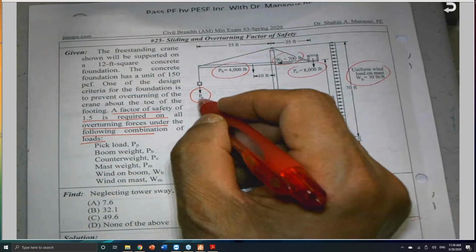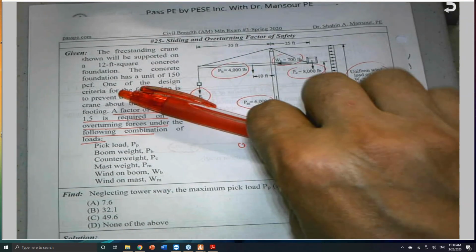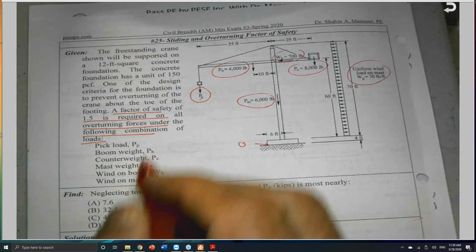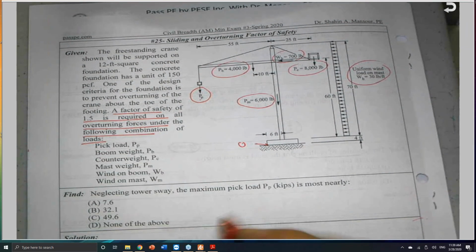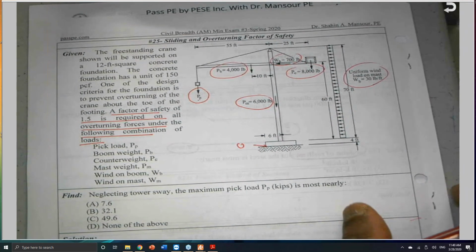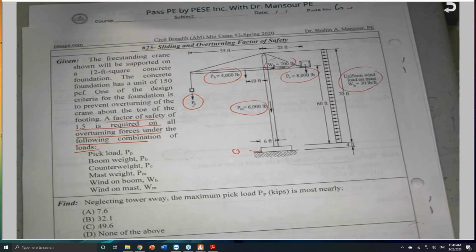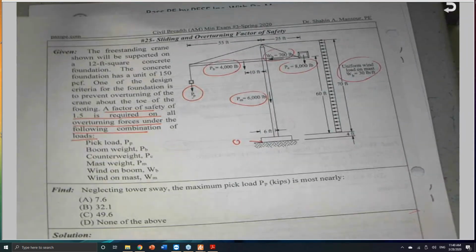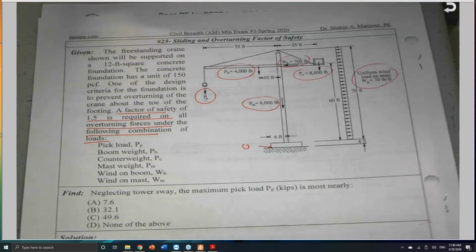Because if this load is too big, this is going to tip over from the overturning moment. So he said that the factor of safety again is against overturning. Okay, we need to know that because it could be in the AM, it could be in the PM. For the construction group, they might see something like that. So we also cover the factor of safety against overturning and against sliding.